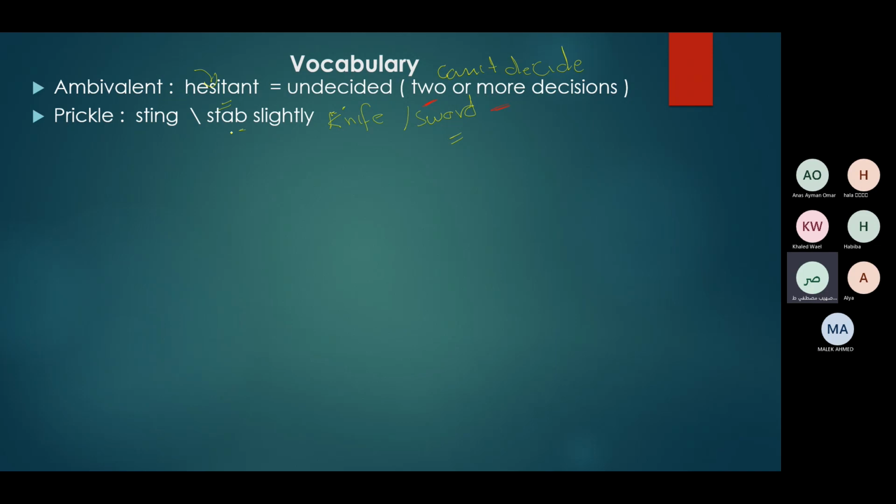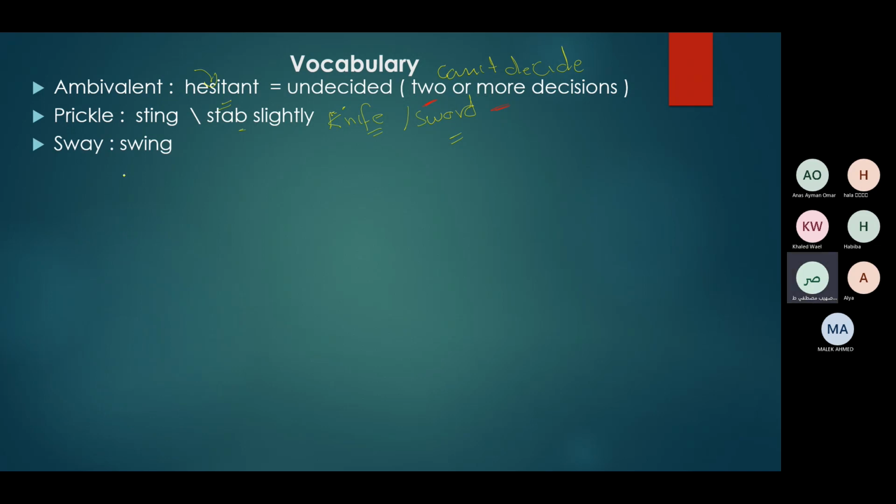You can even stab your friend when you're kidding with him, with your pen or pencil, to hit him in his arm or shoulder. So prickle means to sting or to stab slightly.